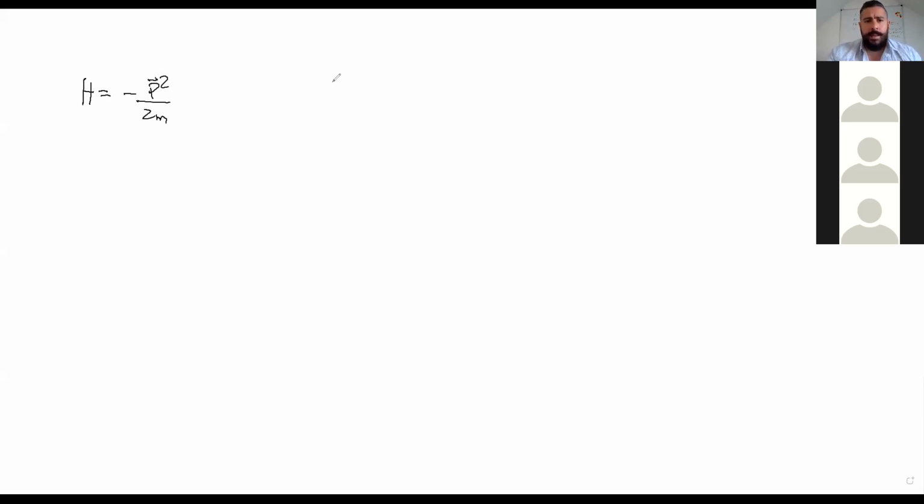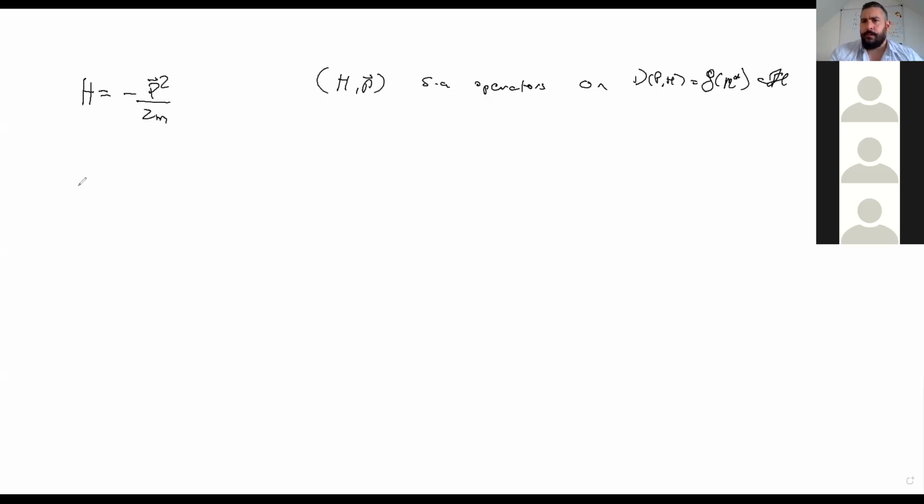And H and P are just self-adjoint operators on a dense domain, which I take as the Schwartz space, which is a dense domain in H.